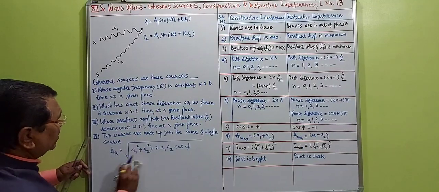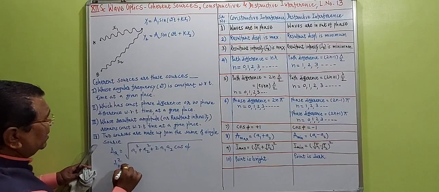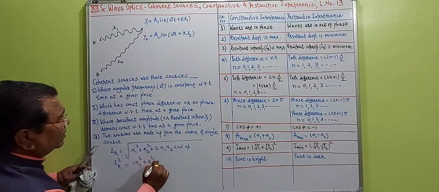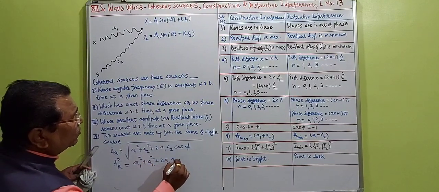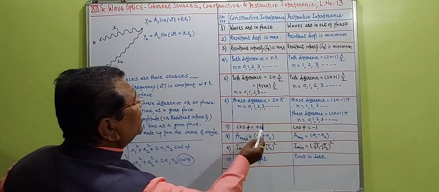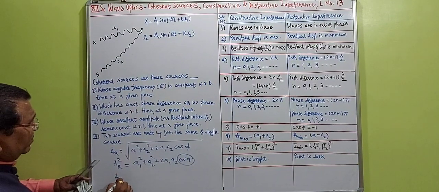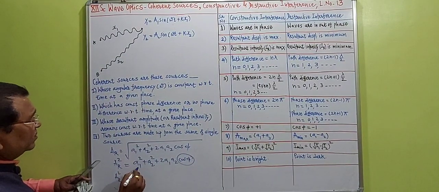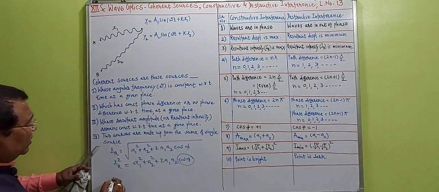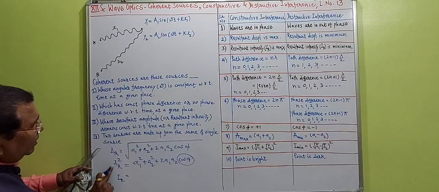How will that formula come? We can square this. AR square is equal to, by squaring both sides, A1 square plus A2 square plus 2 A1 A2 cos phi. Here cos phi is plus 1, as we have written. Instead of AR square we can write IR, because intensity is directly proportional to the square of the amplitude.